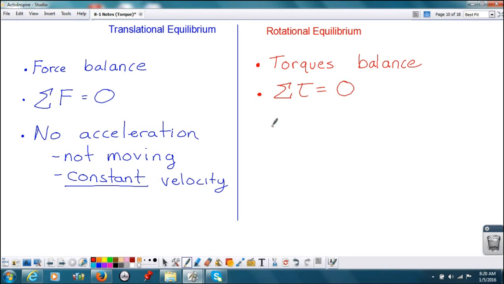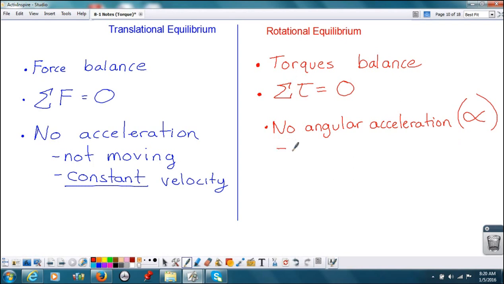That means there is no angular acceleration. Okay, it could still be changing direction, but it is not going to be speeding up or slowing down. Okay, alpha is going to be equal to 0.